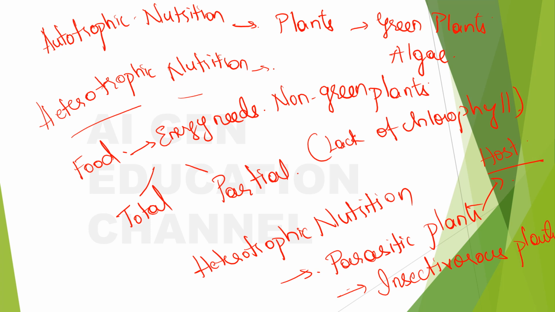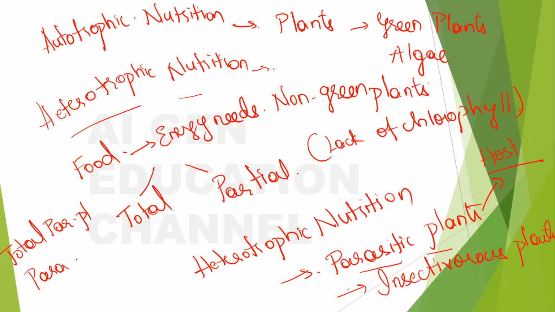So we come to total parasitic plants and partial parasitic plants. I hope you understood the meaning of parasitic plants. These plants depend on another living organism, called a host, and derive their energy needs from that host.